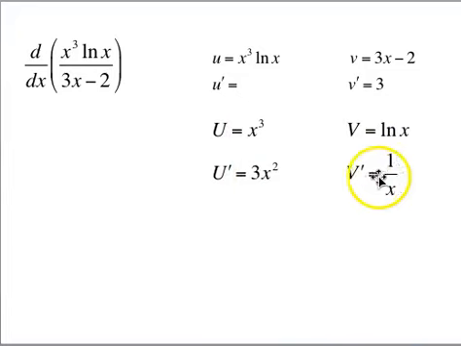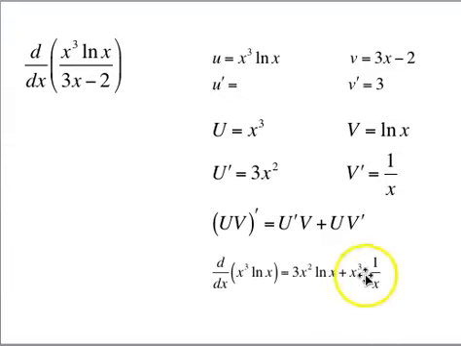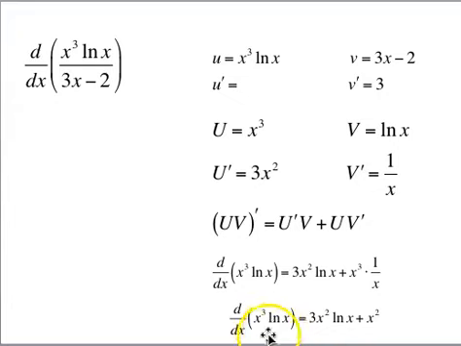Capital V is log x, so capital V prime is 1 over x. To get the product rule, it's u prime v, 3x squared times log x, plus u, x squared, v prime times 1 over x. What happens there? X squared times 1 over x is simply going to become x. So this derivative of x cubed log x simply becomes 3x squared log x plus x squared.